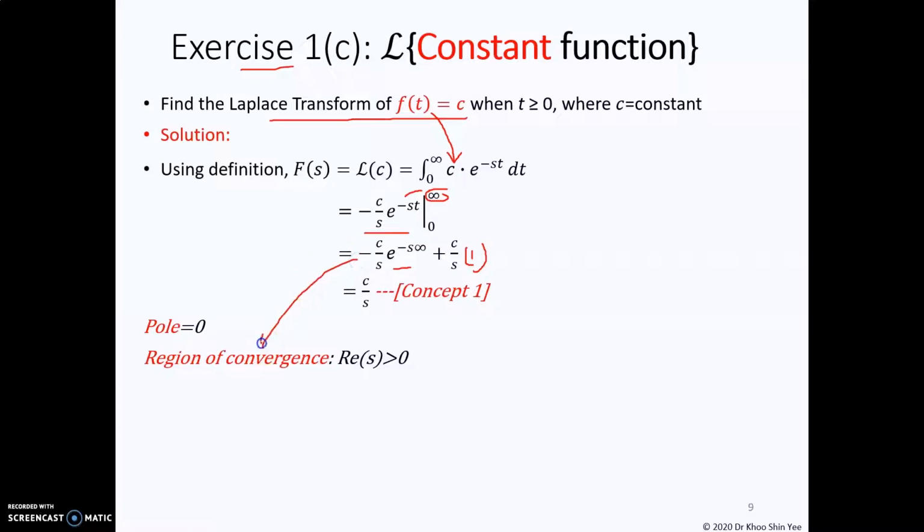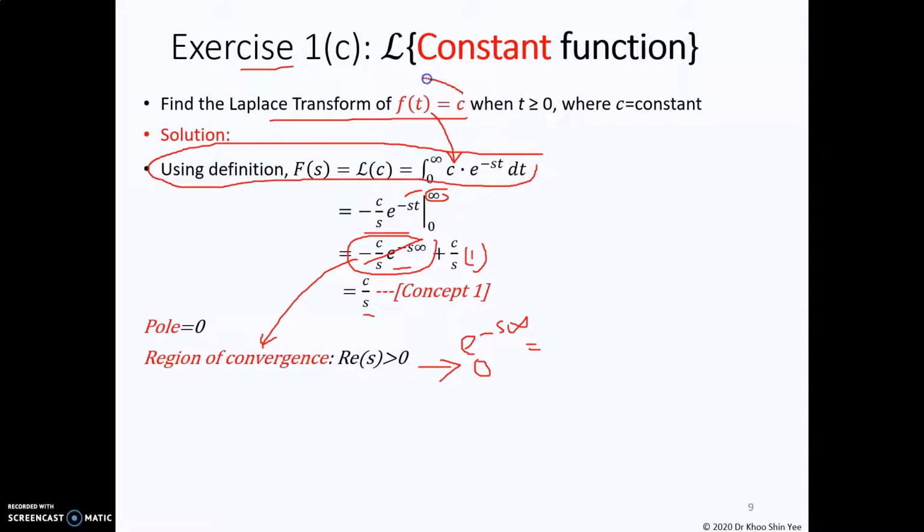And at the region of convergence, this part will be equal to 0. So your exponential negative s infinity will be equal to 0. So this can be cancelled, so you get c over s to be the answer. So in this example, you successfully use the definition to convert the f(t) into the F(s).